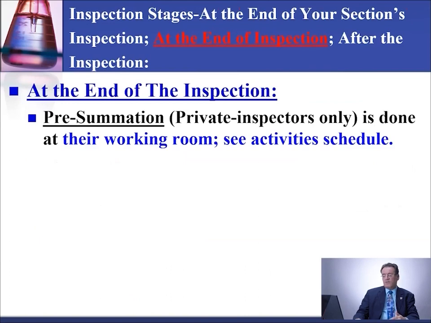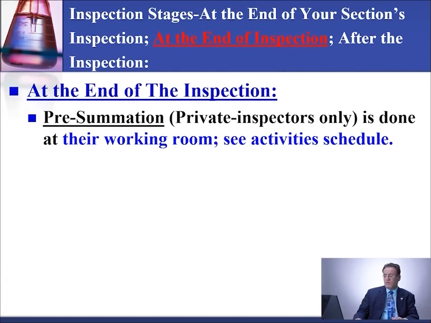Also, there will be a pre-summation. Now we're going to talk about the end of the inspection. The end of the inspection means they are done with all the lab sections, and every inspector is done with the assigned sections or checklist they're supposed to be doing.